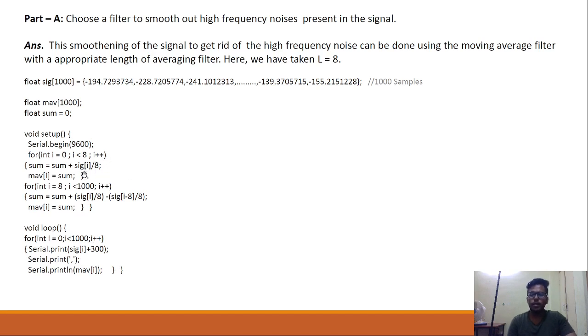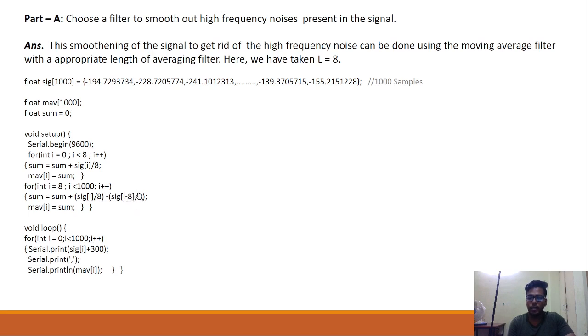From the 8th sample we have a sufficient number of samples for calculating our moving average filter. So the sum is defined as the previous sum plus the current sample by 8 minus signal[I minus 8] by 8.